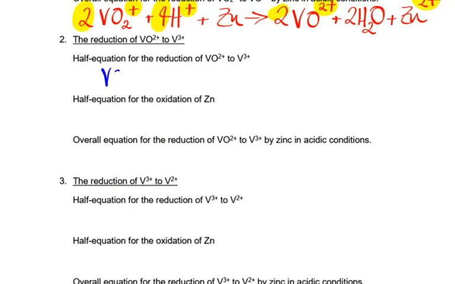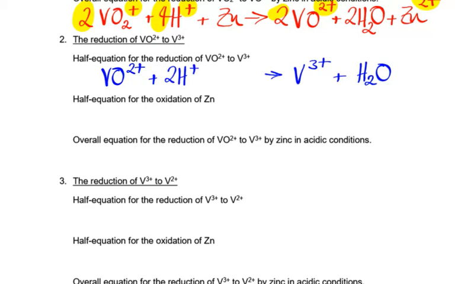So I'm going this time from VO2 plus to vanadium 3 plus. I need one oxygen on the right hand side to balance that, which means I'll need 2 hydrogen ions on the left hand side to balance the hydrogens.